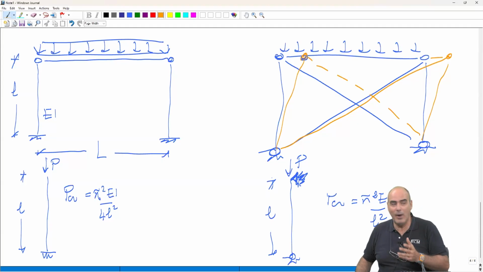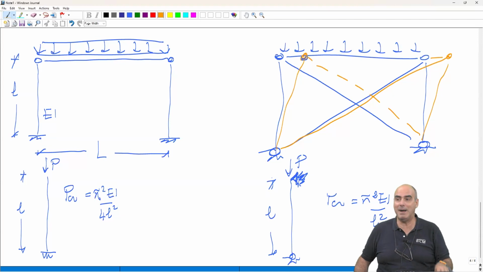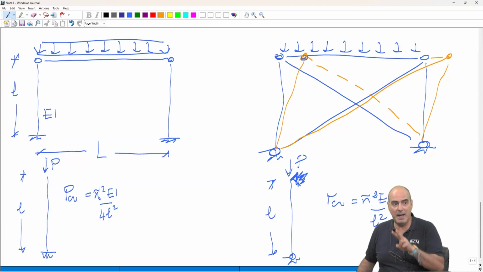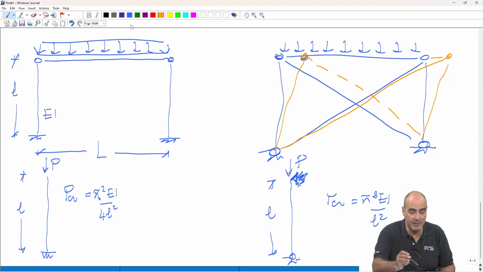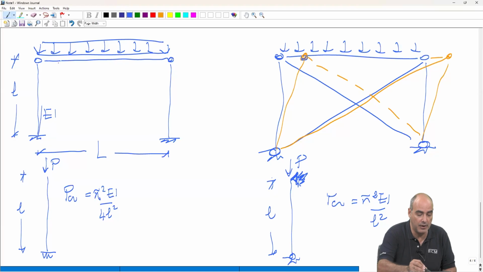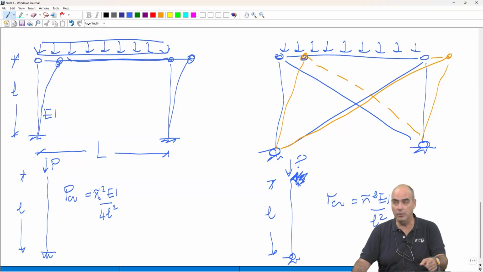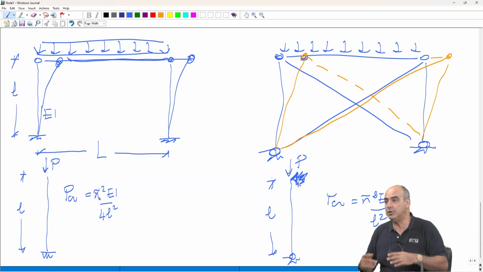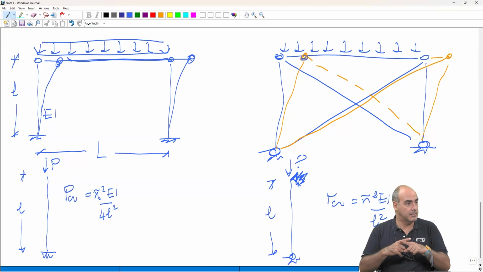Well, they do actually do this. But as we said, and we demonstrated yesterday, the axial stiffness of elements is much, much higher, 2 orders of magnitude higher than the flexural stiffness. Compared to this case where your lateral deformation only relies upon the flexural stiffness of the columns, the deformation in the braced case is much, much lower.